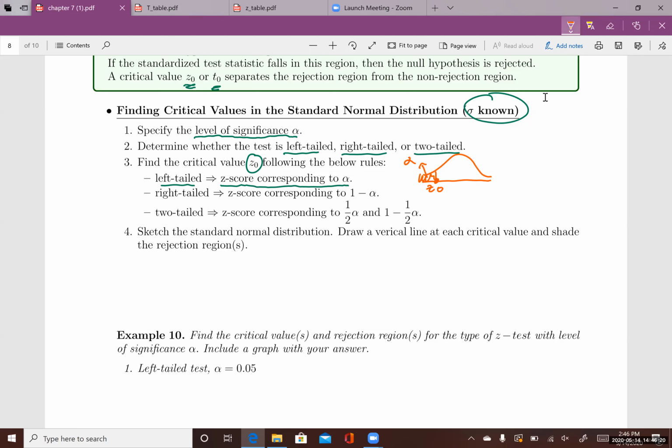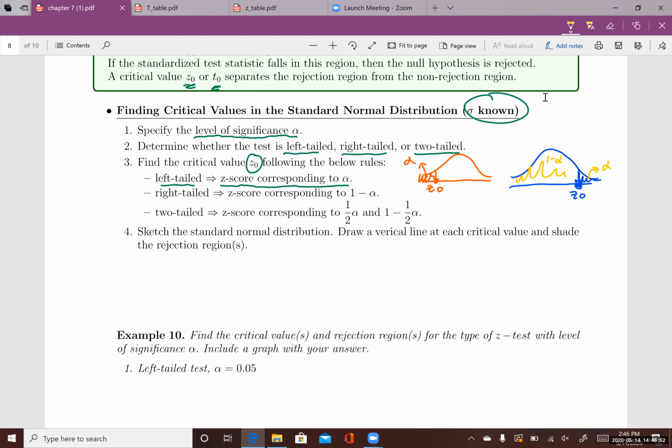If you have a right tail test, then this Z0 here corresponds to 1 minus alpha. So the region on the left here is 1 minus alpha, and the region on the right here is alpha.